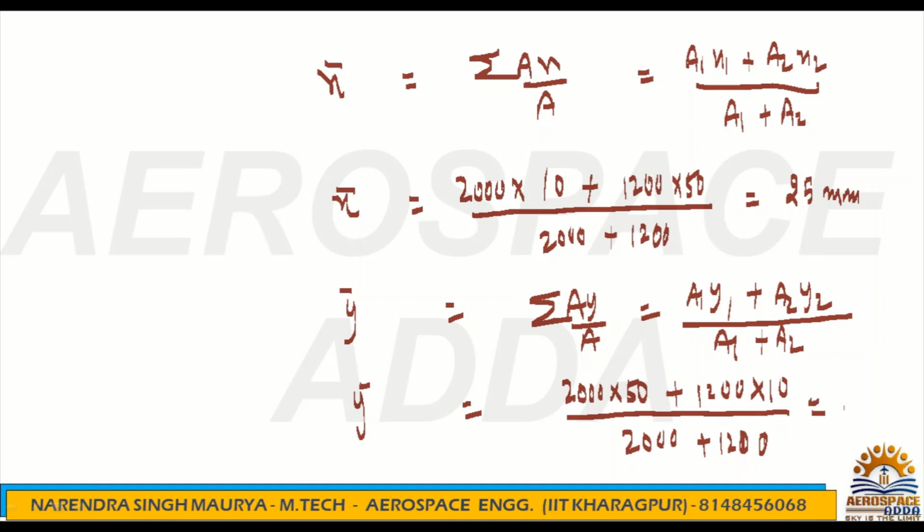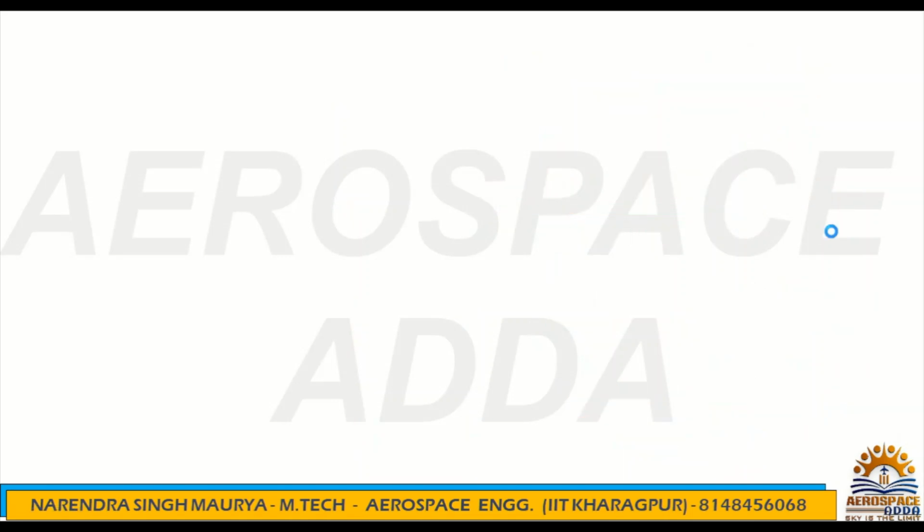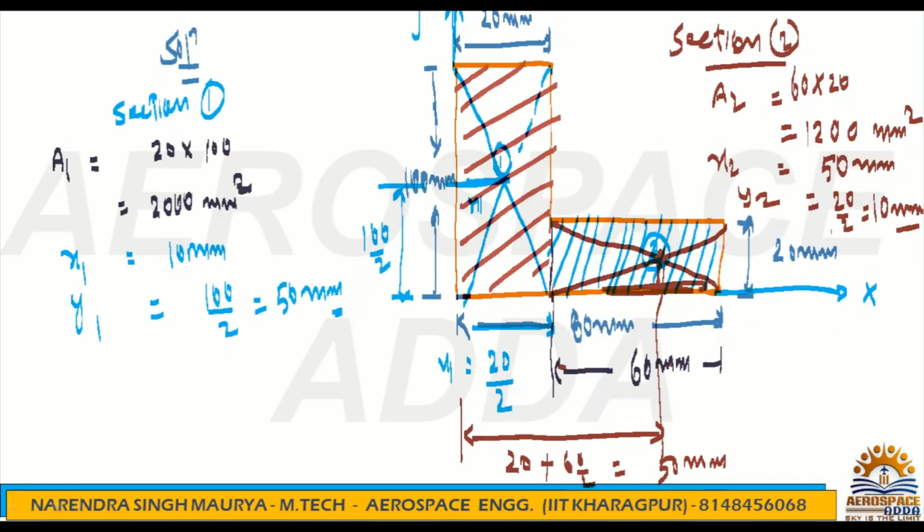If you calculate this value, how much will you get? 35. So x bar is 25 mm and y bar is 35 mm. This is x bar and y bar, where will it exist?